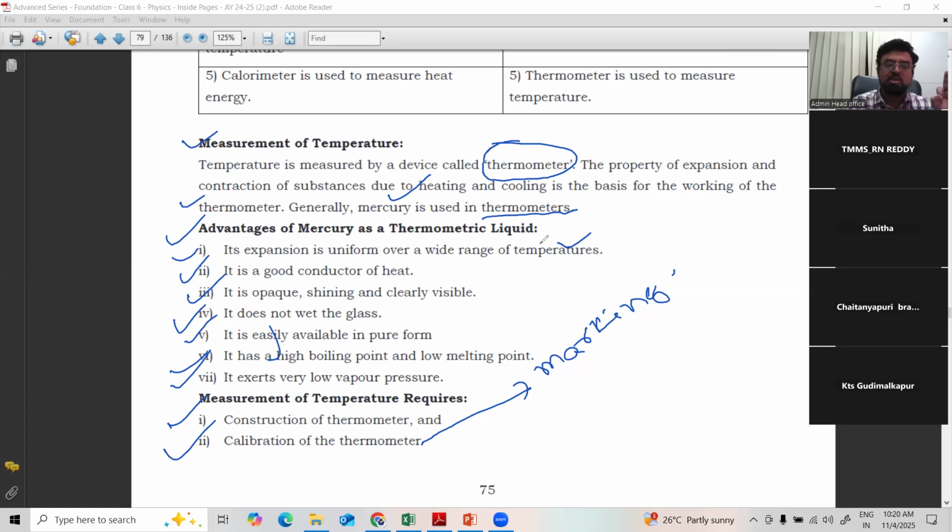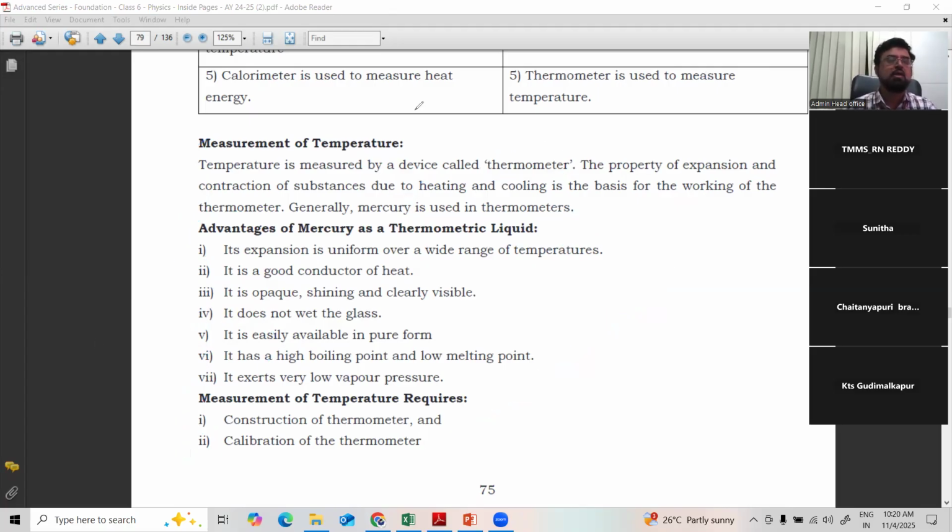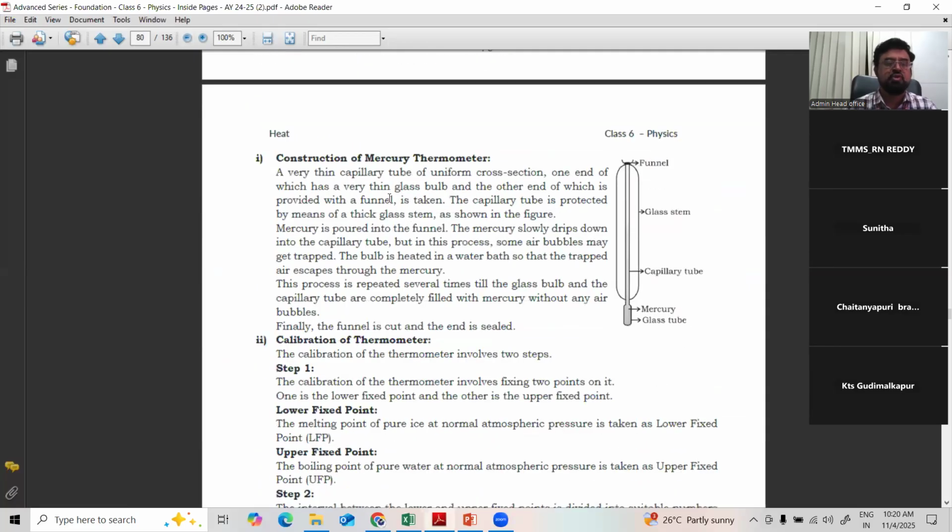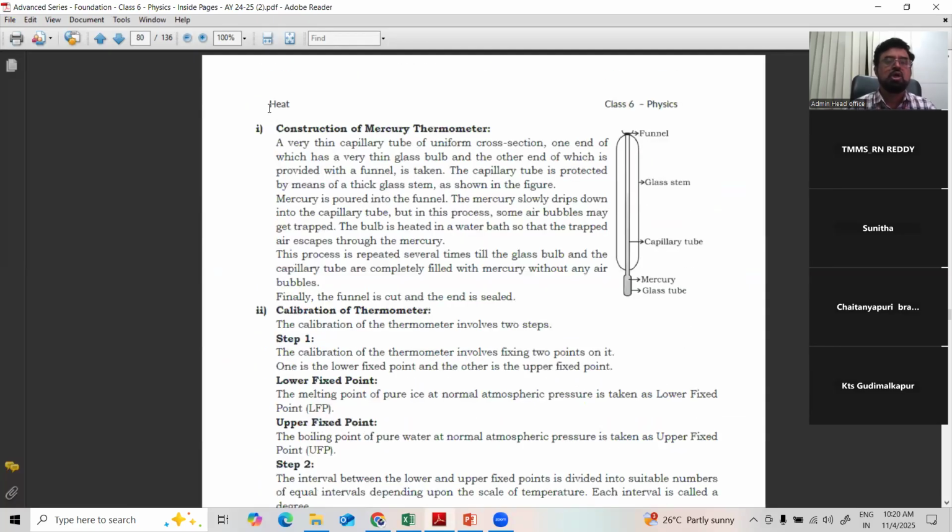So for measurement of temperature, we require thermometer construction, and second, how it is marked, that is called calibration. These two will help us get the temperature of any body. Clear? Now we move forward to know more about thermometers. See here, how to construct the thermometer?